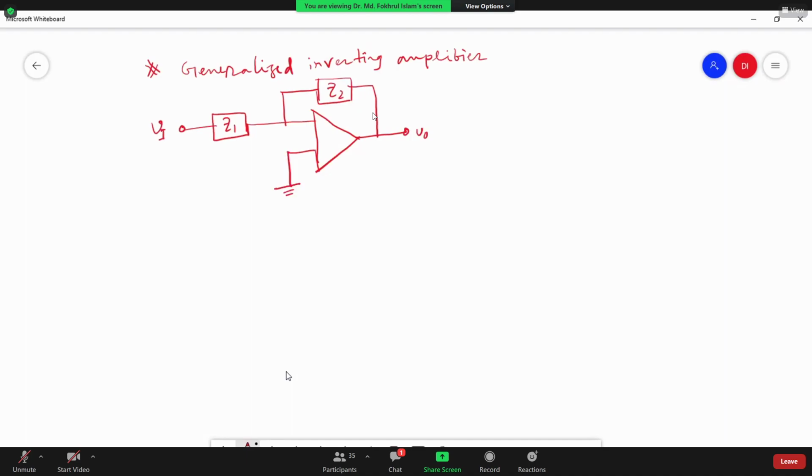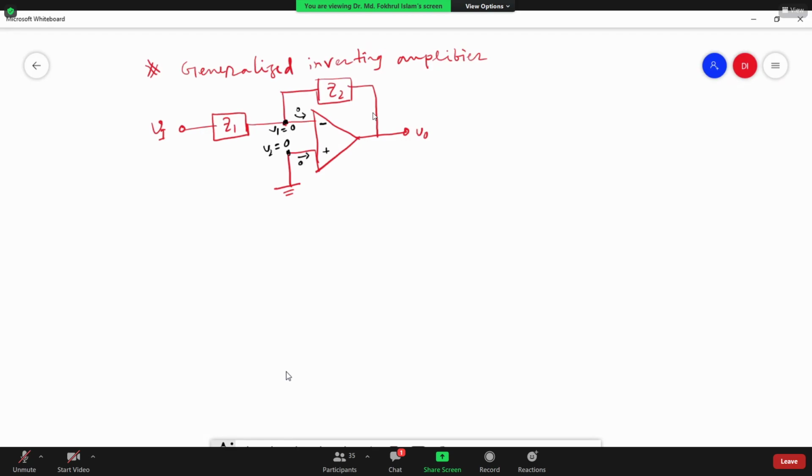So this node voltage V1 is equal to 0 and this node voltage V2 is equal to 0. All these characteristics we know, and the current is 0 here.